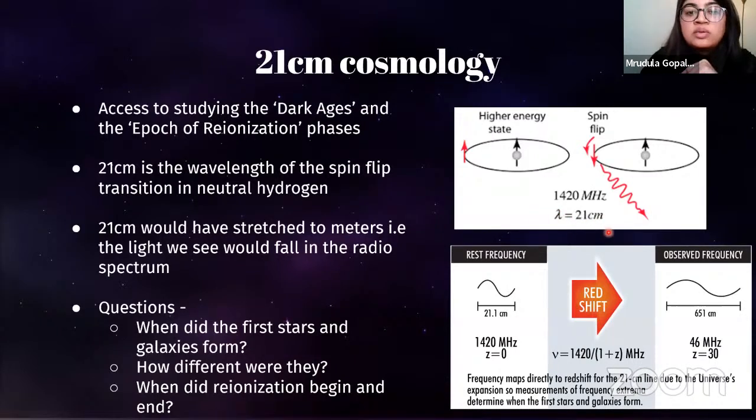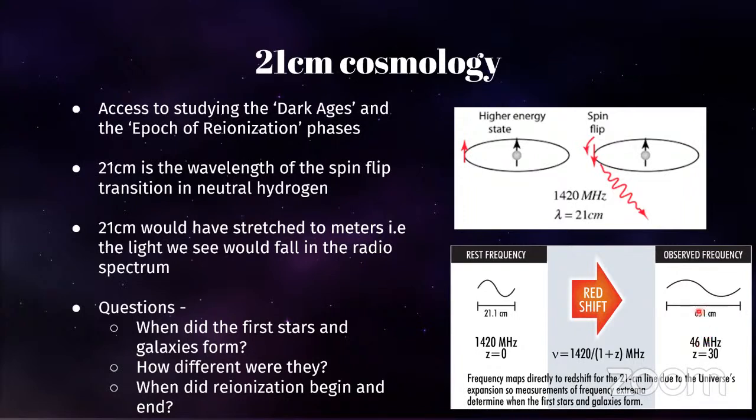So if you were to design an antenna and look at the Milky Way galaxy today, you will be able to detect hydrogen at 1420 megahertz. But if you want to detect the same hydrogen that was emitted a long time ago, you will see this at 46 megahertz, which basically means that you'll have a longer wavelength because of the stretched universe. Does that make sense?